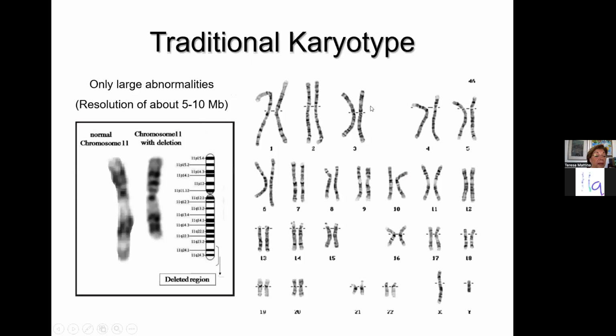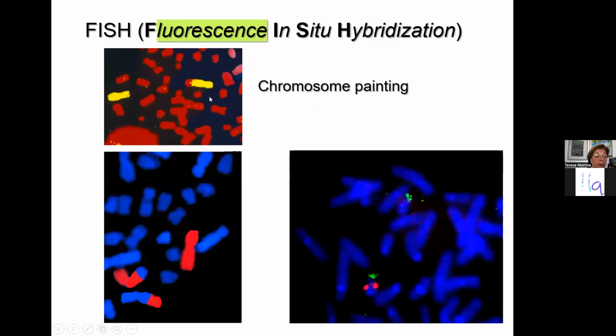Genetic diagnosis in the old days was performed via standard karyotype, maybe with chromosome FISH painting. You can see here how chromosomes are very well seen when you paint them.